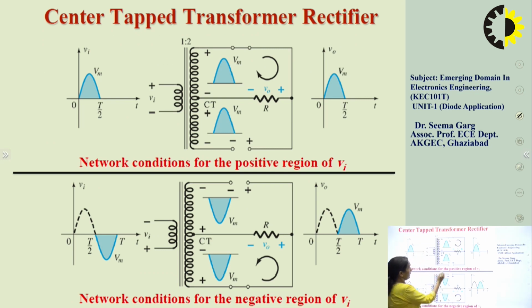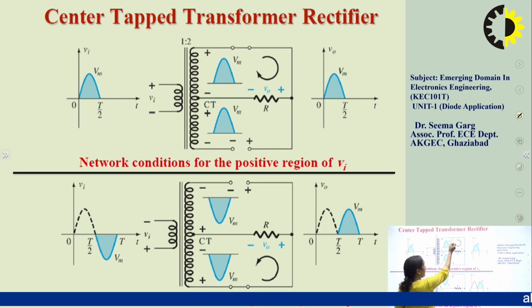Here we can see diode D1 is short circuit and diode D2 is open circuit. Because of that, no current is flowing in the second loop, whereas in the first loop the current is flowing in the clockwise direction. Here we are applying the input signal Vi.